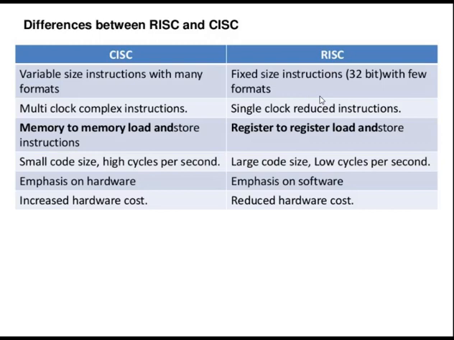Then load and store is memory to memory in CISC. In RISC it is register to register. So in CISC the execution rate is small because of small code size and high cycles per second. But here it is large code size and low cycles per second, so the execution rate is quite high.